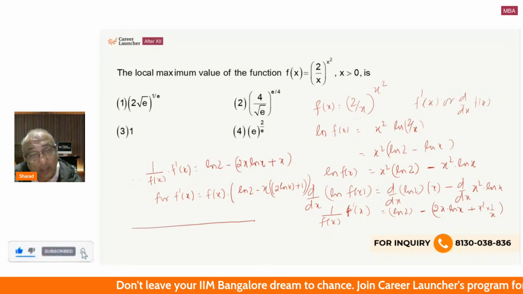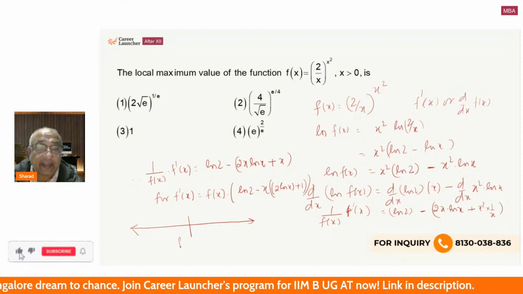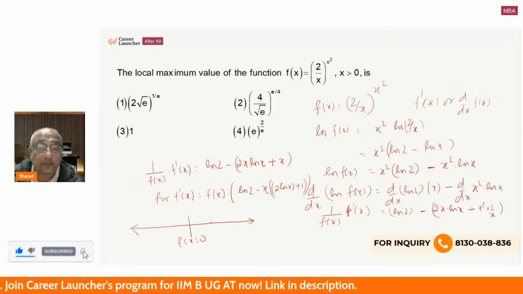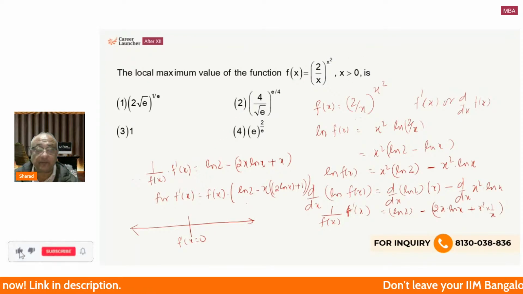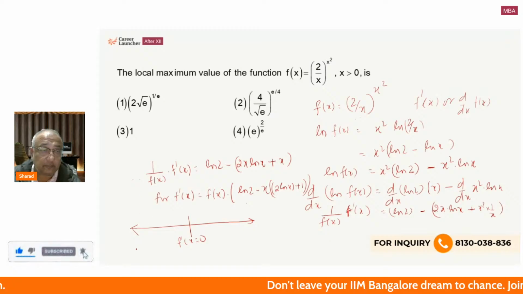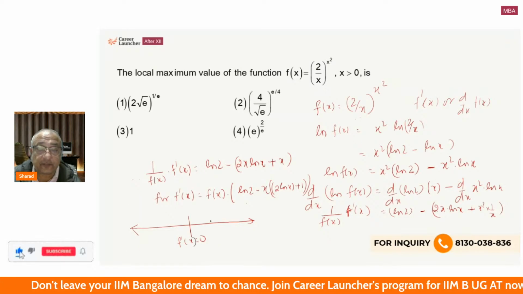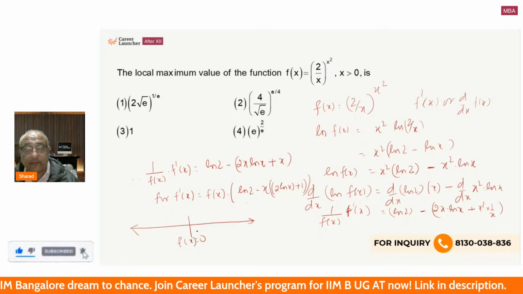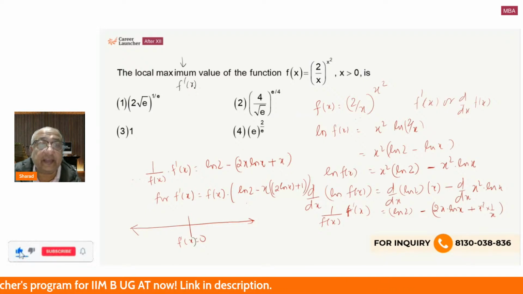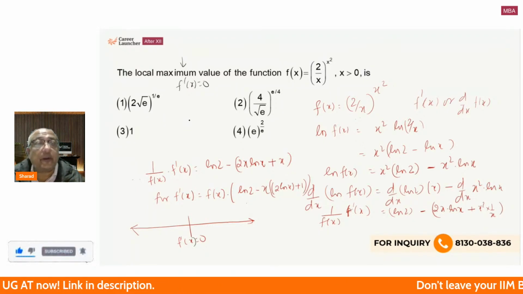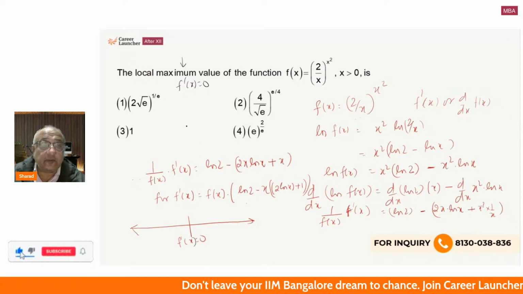If I draw a sign scheme, I'll get f dash x equal to 0 when... for that I have to use the other part of our screen. f dash x is equal to 0 is the main point over here. That is where I'll get my local maximum value, because I have seen f dash x has to be 0 for a point of extrema. Not necessary, but it looks like this will help us.